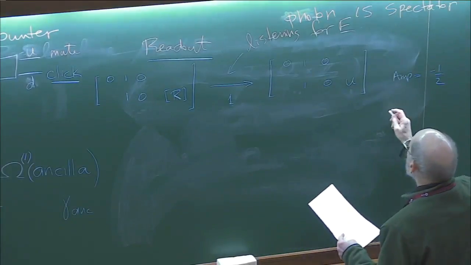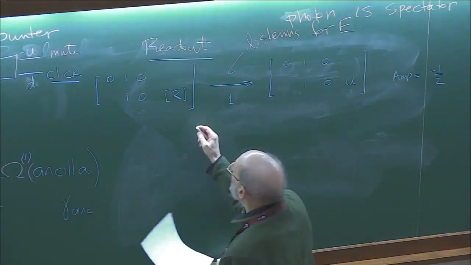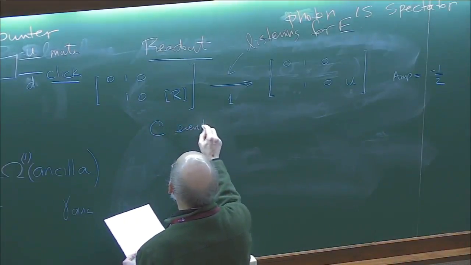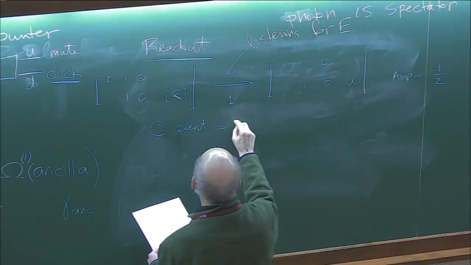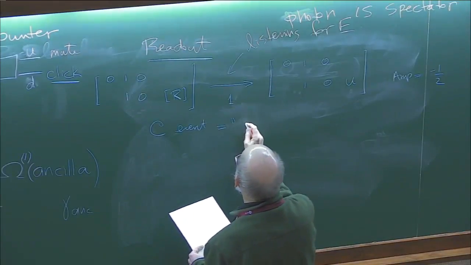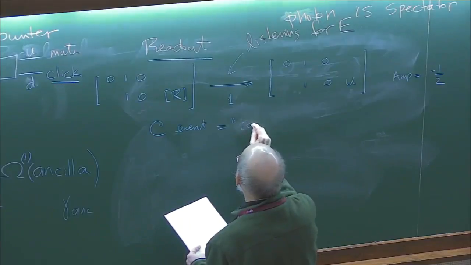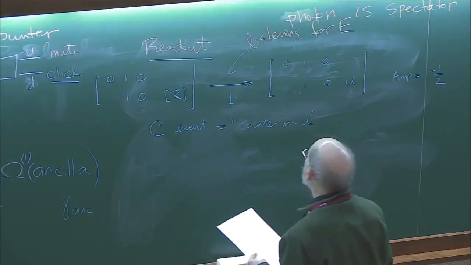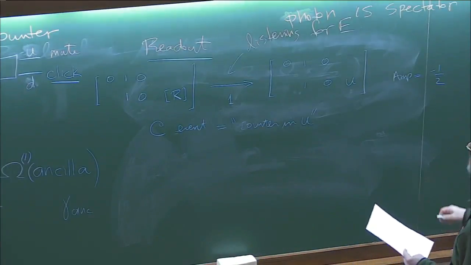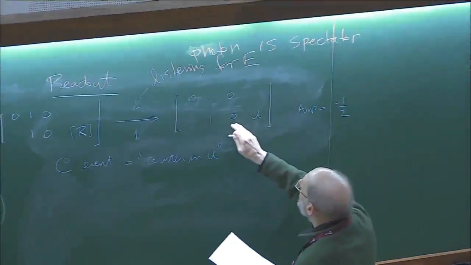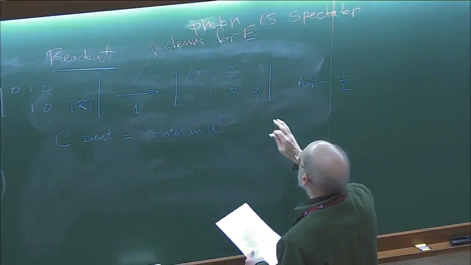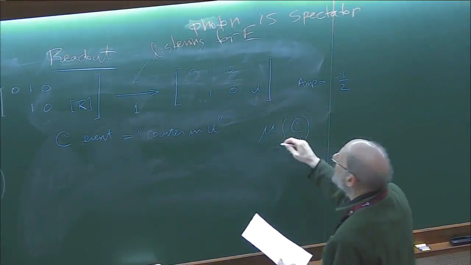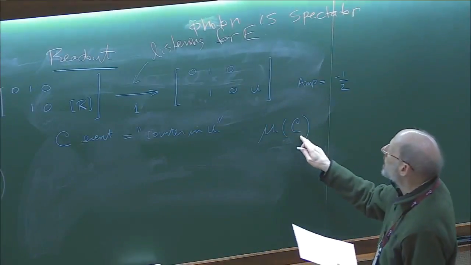And I'll define the click event. It's the event that says the ancilla counter is in B mu. So that's the click event. This is a little subtle in a way. We want the measure in the combined setup of the click event.